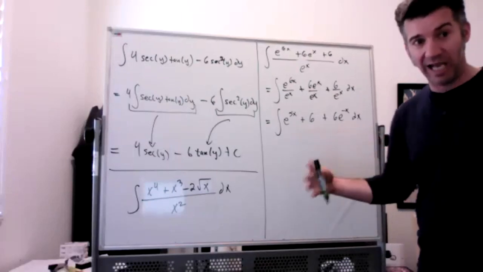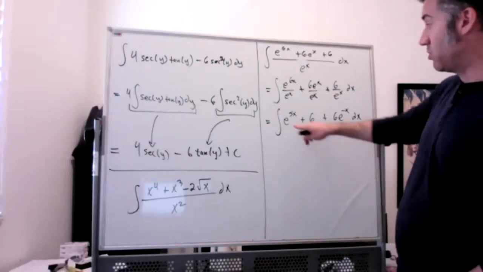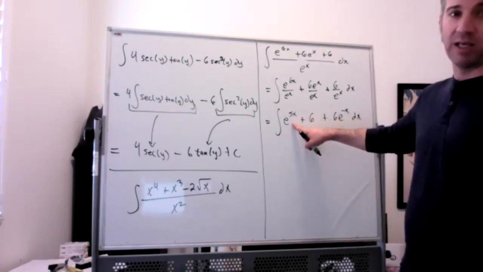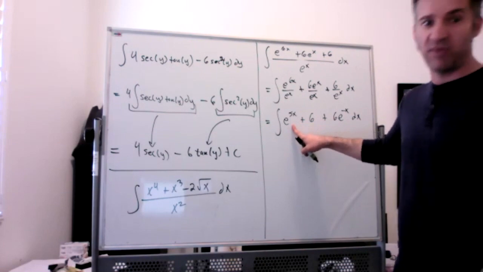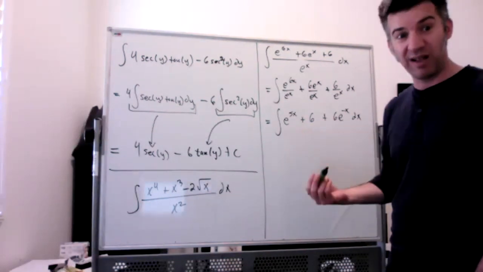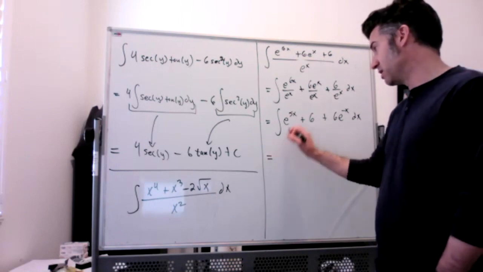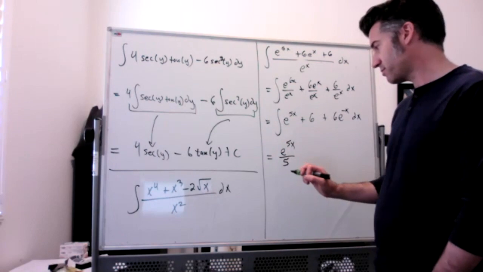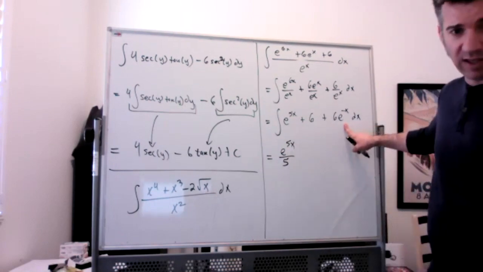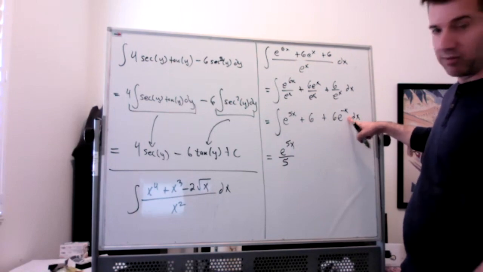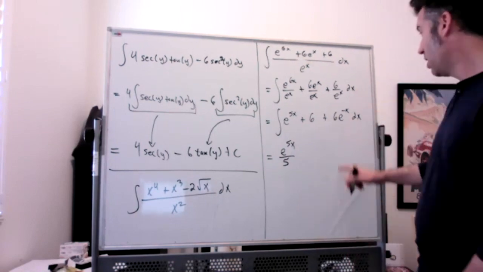Right? So if you're going to actually do the u subs, you'd have to break it up into 3 integrals. And you'd be like, okay, for this one, I'm going to let u equal 5x, du is 5 dx, 1/5 du is equal to dx. So we're going to divide by 5. So this is going to be e to the 5x divided by 5. Same deal for this over here. We'd have to let u equal negative x, negative du equals dx, and then we would change the sign essentially.